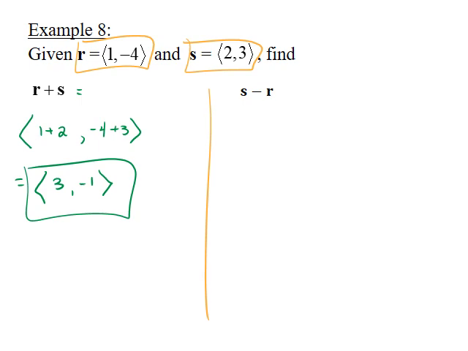Similarly, in the next example, I'm going to subtract. So I'm going to take s minus r. So the new horizontal component becomes 1 and the vertical component becomes 7.